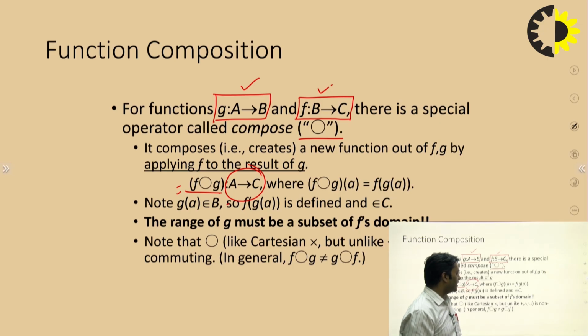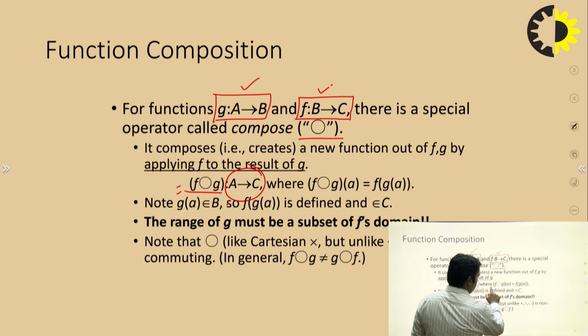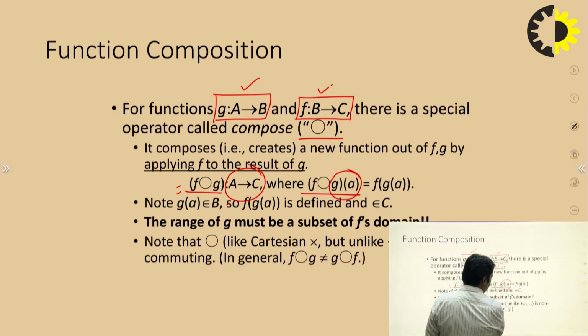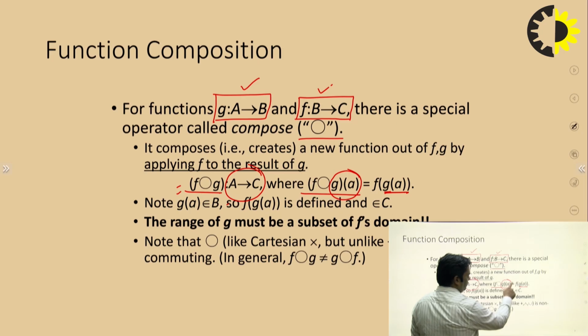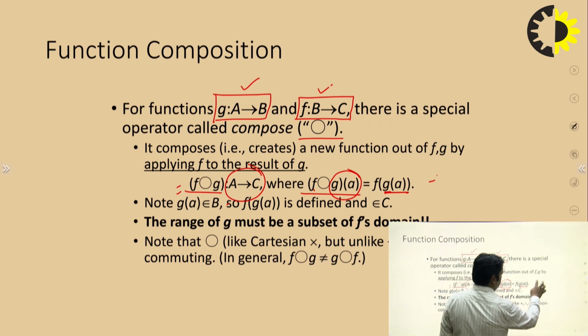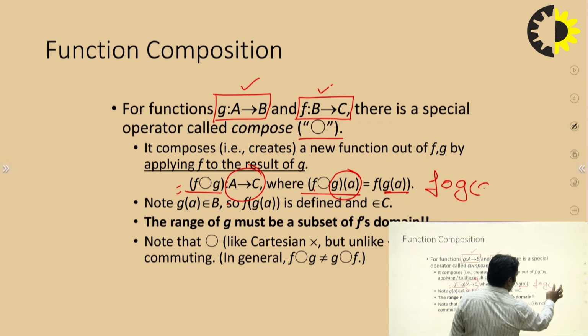Where f of g of a is calculated as follows: first we have to find out the value of g(a). After that, we put this value into function f. Then we find out the value of f(g(a)).